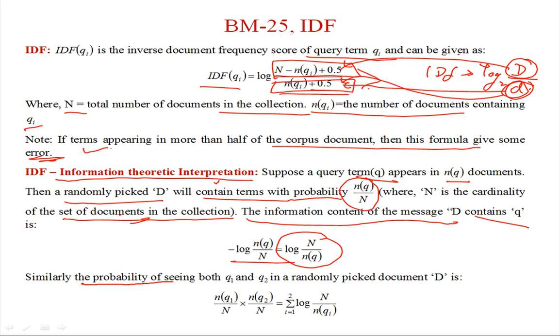Similarly, the probability of seeing both Q1 and Q2 in a randomly picked document can be given as minus log nQ1 by N into minus log nQ2 by N, which is equal to the summation over i equal to 1 to 2 of log N divided by nQi. After that, the use of this part is just for balancing.